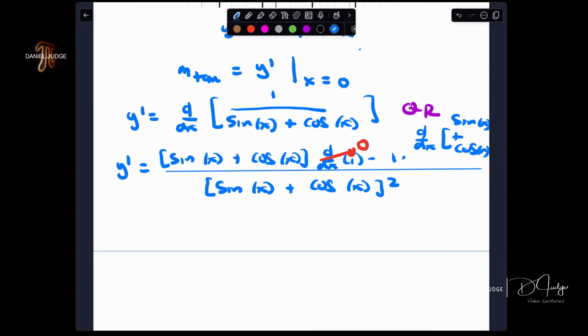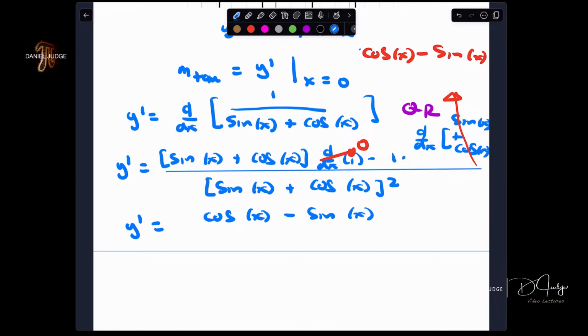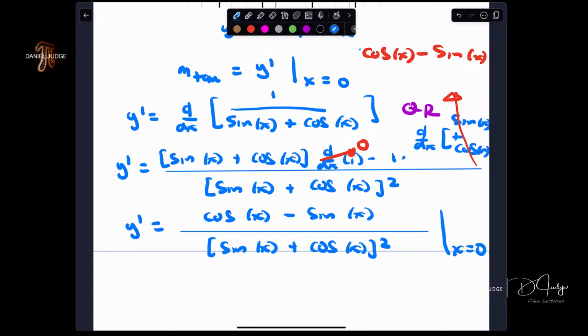So I just need the derivative of sine plus cosine. Derivative of sine is cosine, plus the derivative of cosine is actually minus sine. So my derivative is cosine minus sine over sine plus cosine squared.